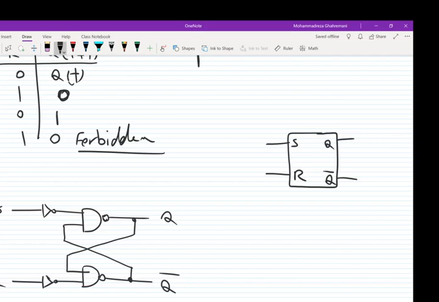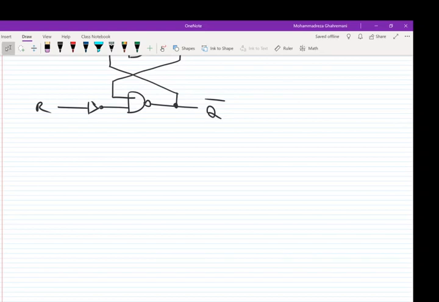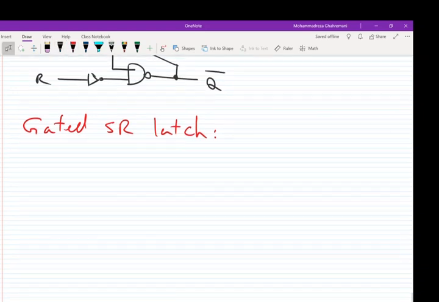We can have an SR latch including enable input, which we call gated SR latch. Let me show you what is a gated SR latch. Of course, we all know why we need an enable input, because it allows us to inactivate the device based on its function.